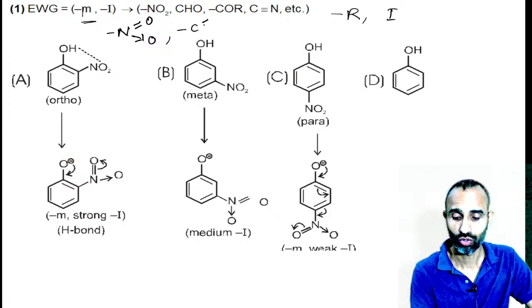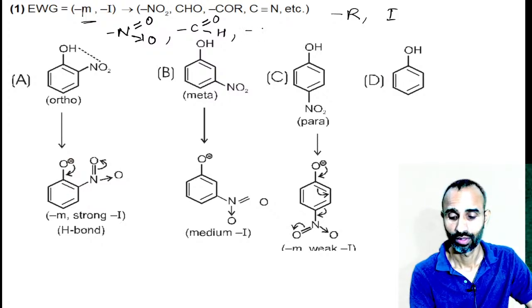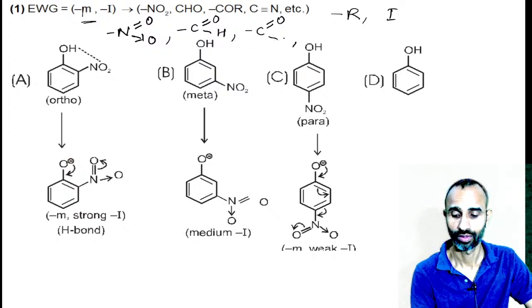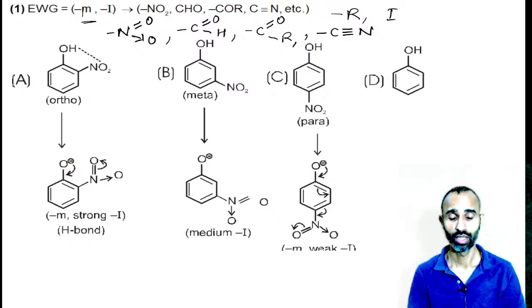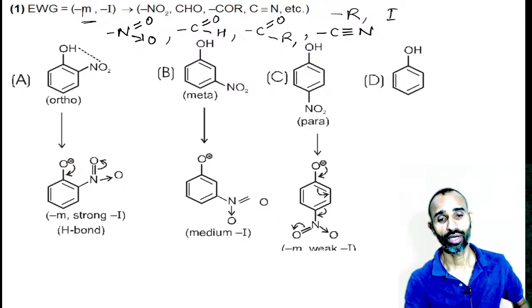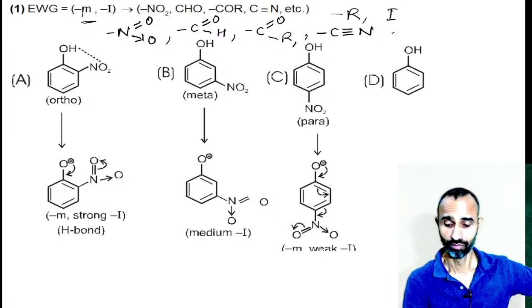In CHO there is C double bond O. In COR again C double bond O. And in CN there is a triple bond. So in all the cases there is a pi bond, so that will account for the minus R effect. Whenever the atom directly attached to the ring has a pi bond with another atom, that group has minus R effect.